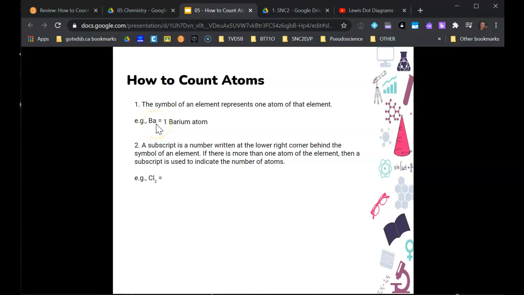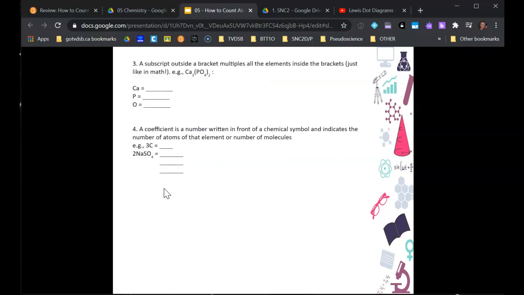That means there's one. If you have a number there, that means it has that many of that element. So for example, if you have Cl2, that means that you have 2 chlorine atoms. If you had C with a 4 to the bottom right, that would mean you have 4 carbon atoms, and so on.